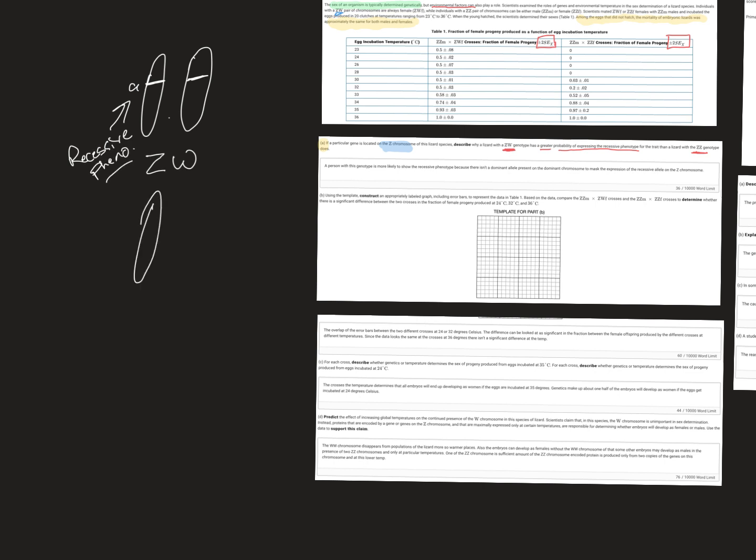Whereas if you had a ZZ, you'd need two little a's to show the recessive phenotype.